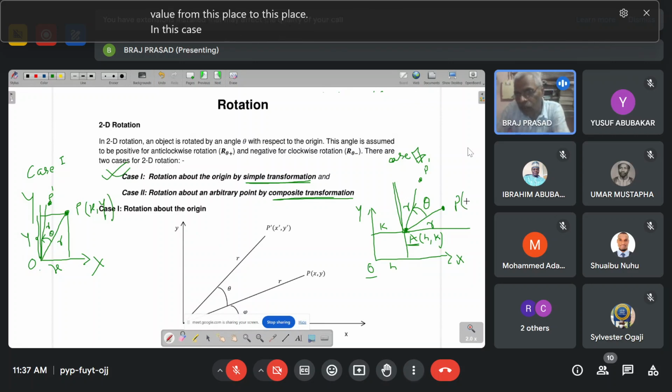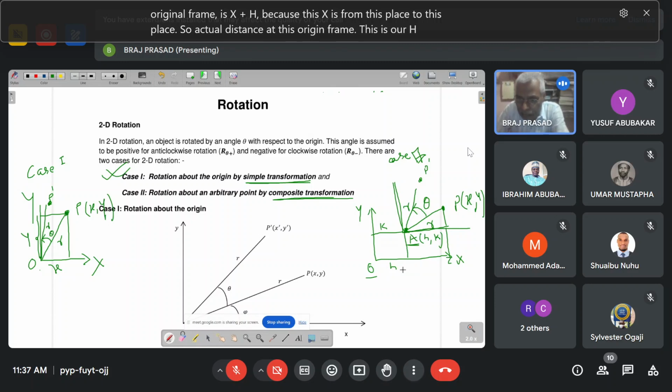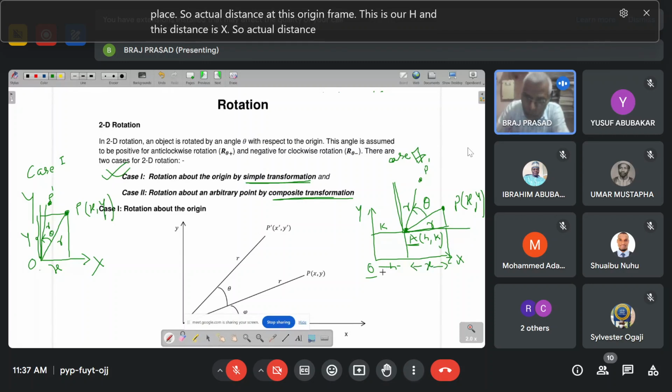In this case the coordinate of P is x, y, but the actual coordinate of P with respect to the original frame is x plus h, because this x is from this place to this place. The actual distance in the original frame is h plus x.